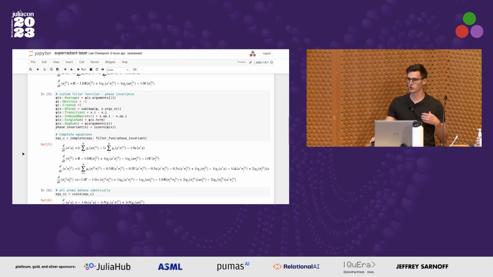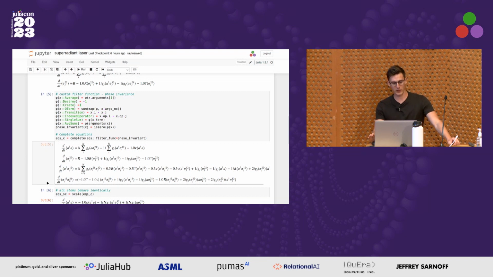So terms which would carry a phase are simply 0. If we know this, we can just give a keyword to the complete function that it should neglect these phase invariant terms with a filter function. And doing so, we just end up with these 4 equations, which basically completely describe our system in second order.